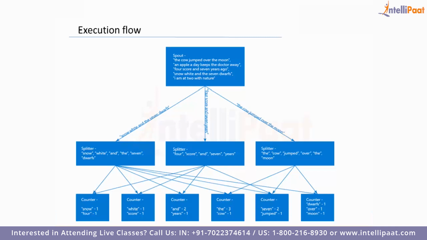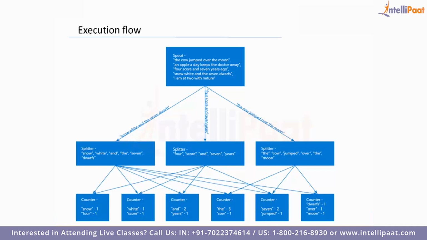This splitter, for example the first one is getting Snow White and the seven dwarfs, will pick up this record and split the words into separate entities, and then feed the next bolt, which is the count bolt, which receives the output of my first bolt, the splitter, and then groups them together. Once they are grouped, it is going to calculate the total count and then write it out. Alright, so this is the flow.